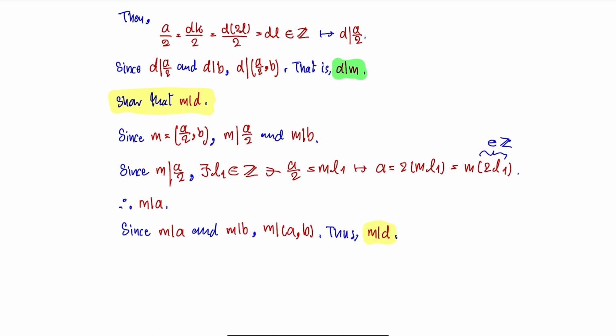All right. So what did we show? Since d divides m and m divides d, that means that d equals m. So we have shown that the greatest common divisor of a and b equals the greatest common divisor of a over 2 and b.